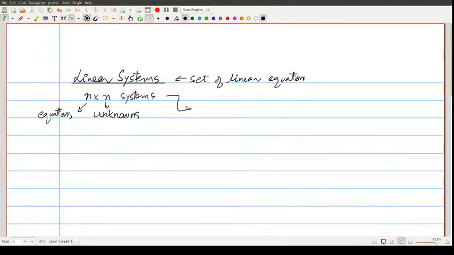In particular, we'll limit ourselves to 2 by 2 systems or 3 by 3 systems. Once we have a good idea of what's happening in a 2 by 2 system and a 3 by 3 system, we'll have basically all of the tools that we'll need to, not to visualize, but to at least solve n by n systems, where n can be 3, 4, 5, 6, 10, 100, 1000.